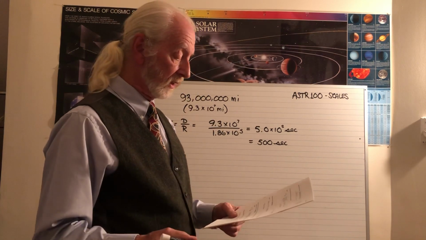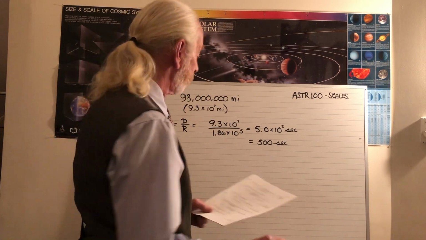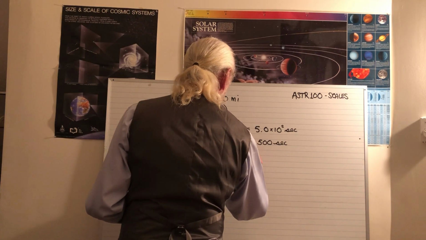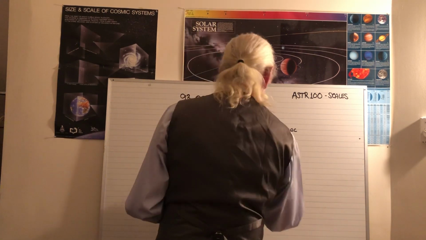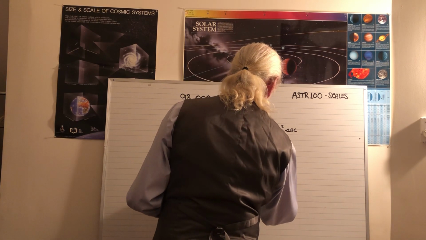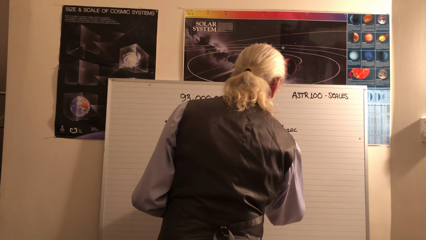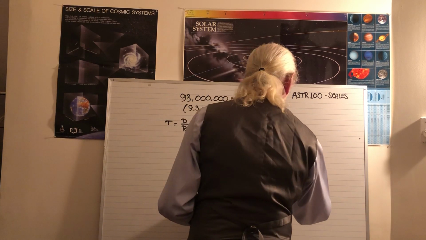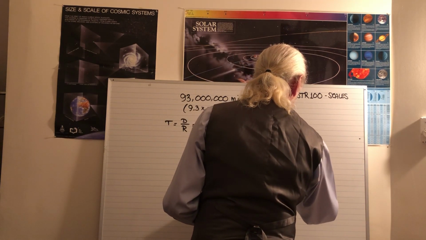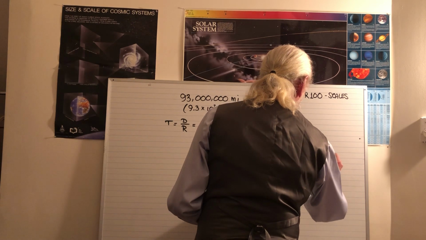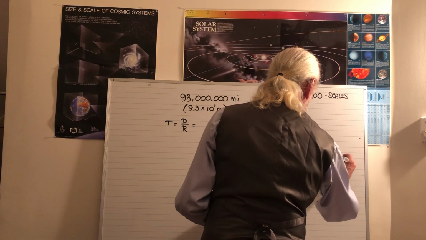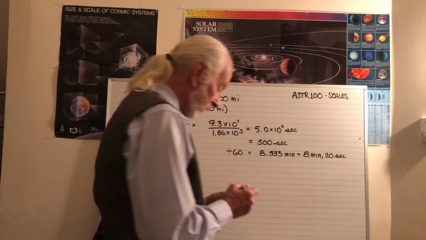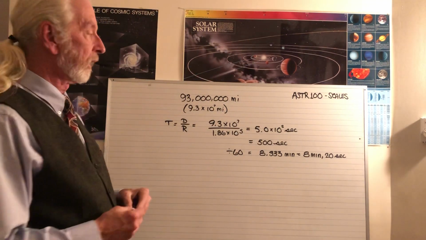So I'm going to put that into something more meaningful. I'm going to divide by 60. And I get 8.333 minutes, which is 8 minutes, 20 seconds. It takes 8 minutes, 20 seconds for that light to get here.